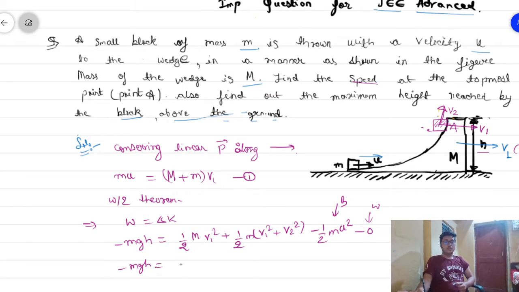Minus mgh equals half (M plus m) v1 square plus half m v2 square minus half m u square.